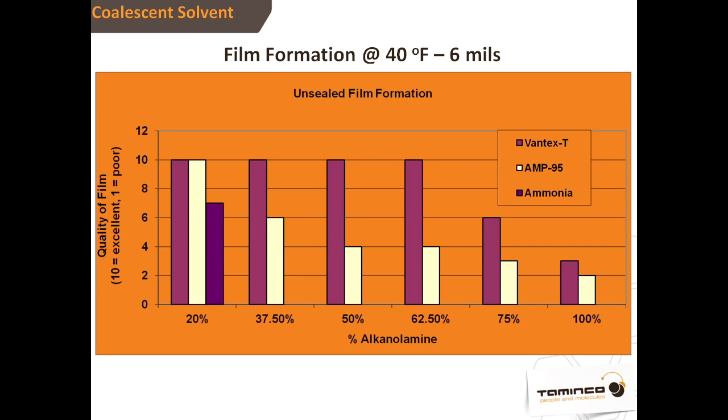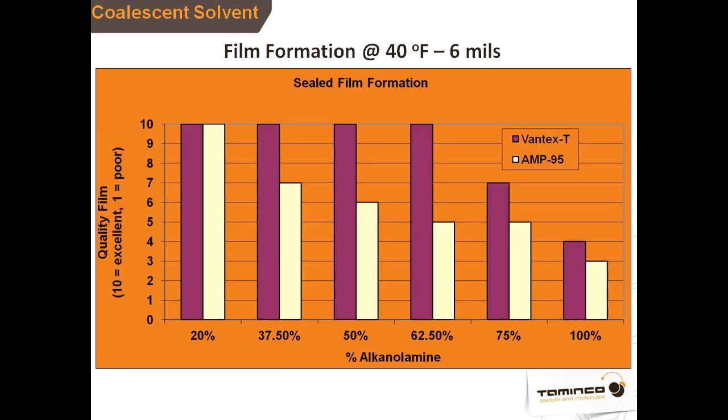But then as we progressed to higher and higher levels of alkanolamine in the combined alkanolamine-Texanol component, we immediately observed that the more mid-range hydrophilic medium functional alkanolamines lost good film formation, whereas the Vantex T-based formula maintained good film formation all the way out to about 62% of the alkanolamine in the combined coalescent system. And this was consistent for treated and untreated paper. Typically we do both types of paper.